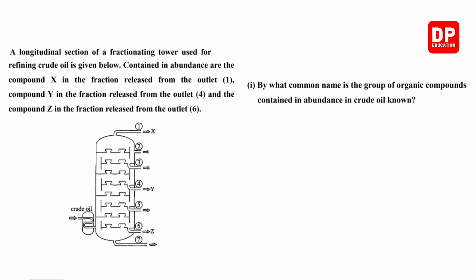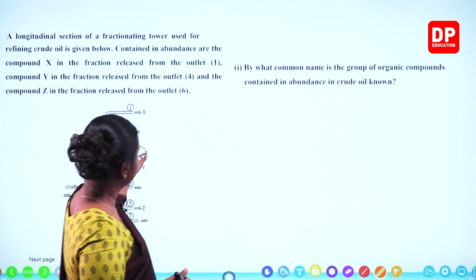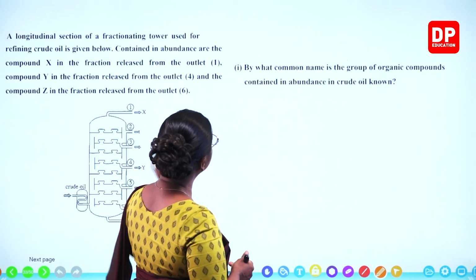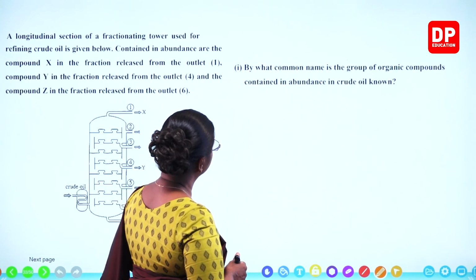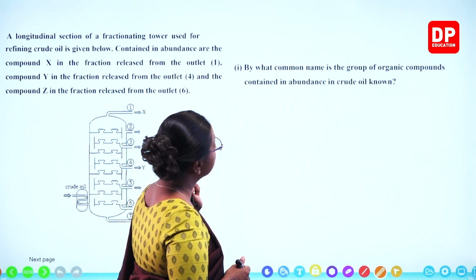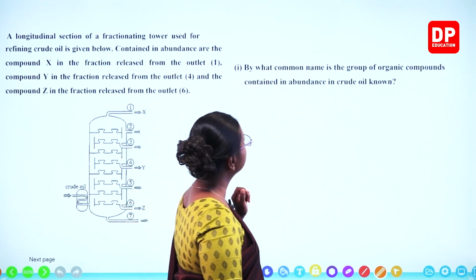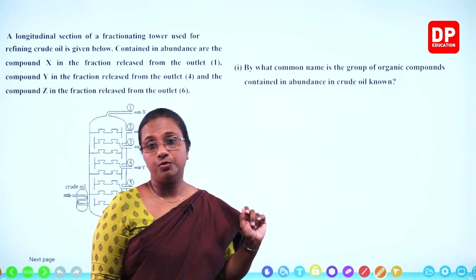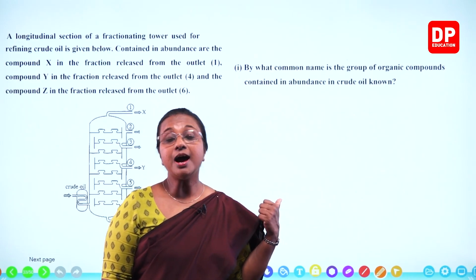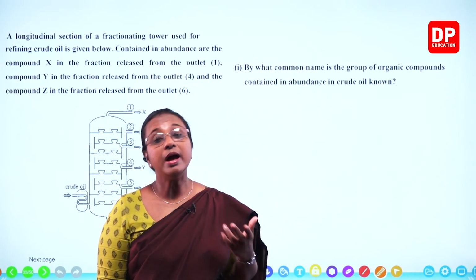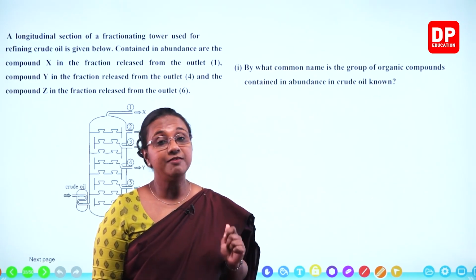Here again the question is given to you on this side so that it is easy for us to answer the questions. So we can look at the fractionating tower. Now look at the first question. By what common name is the group of organic compounds contained in abundance in crude oil known? Like I said, they are hydrocarbons or alkanes. You can write any one of the names.